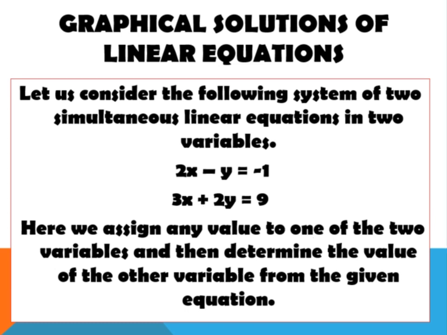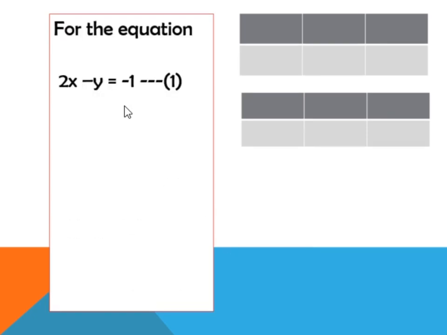from the given equation. Sa paggamit ng graphical method, kailangan muna nating makagawa ng table of values for equation 1 and 2. And to do that, we first change the two equations into slope-intercept form. So, ang ating equation 1 na 2x minus y is equal to negative 1, papalitan natin ng slope-intercept form.